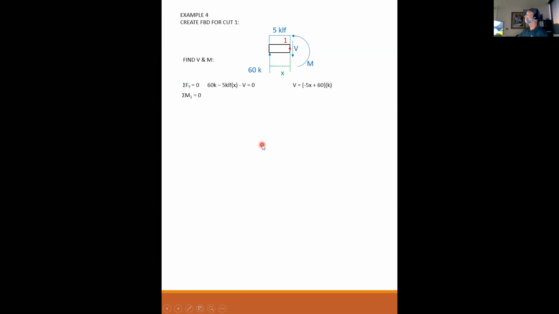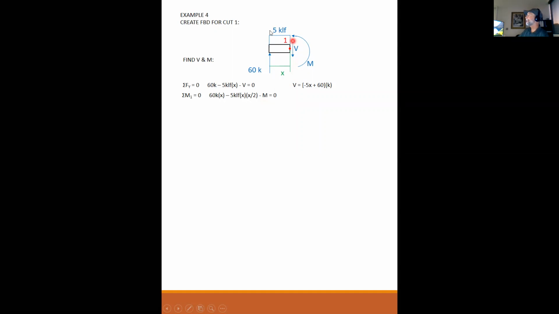Sum our moments. I have 60 kips times X, and clockwise, positive. I have 5 kips per foot times X is the force, times X over 2 is the moment arm. Counterclockwise, negative, and then the moment is counterclockwise, so it's negative.